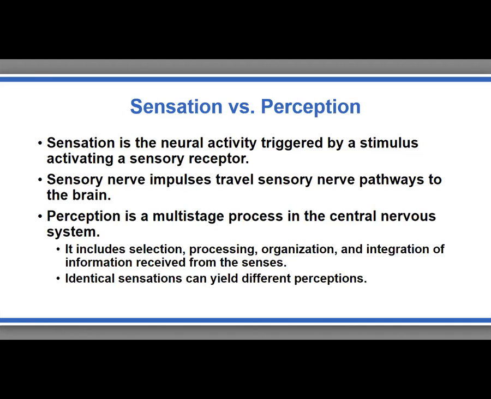Even though you have some identical sensations, sometimes you yield different perceptions, and sometimes it's the location of the sensation, the force of the sensation, like is somebody doing it hard, is somebody doing it soft, and so forth, right? So again, perception is basically your brain trying to make sense of a sensation it feels, right?